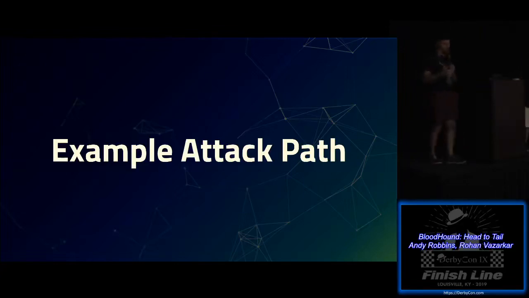So, like Rohan said, one of the things we want to do in this talk is show off some of the cool new attacks that we've added to BloodHound recently, which are all based on work by other people. But they are attacks that met the bar for us for inclusion into the project, which means that with the data you have access to as a domain authenticated user, you can enumerate these attack paths.